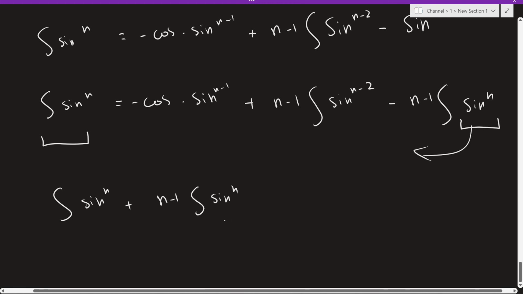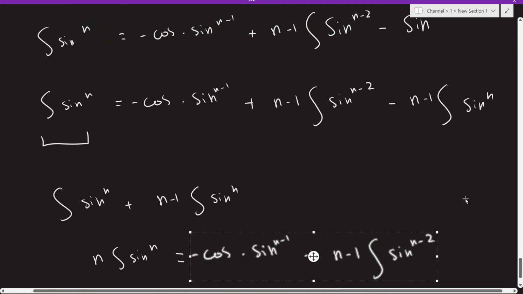Here we can add the n minus 1 with the 1 that's here. It's hidden; we don't write the 1. It's like saying the whole sin^n is 1, and this is also 1 with n minus 1. So n minus 1 plus 1 is just n, n times the integral of sin^n equal to the whole function again. Let me just copy it.